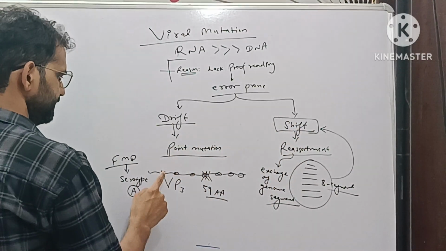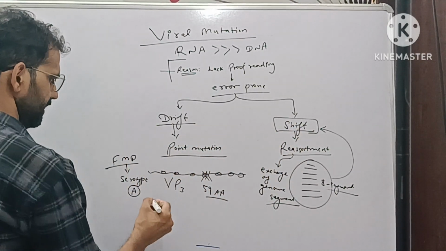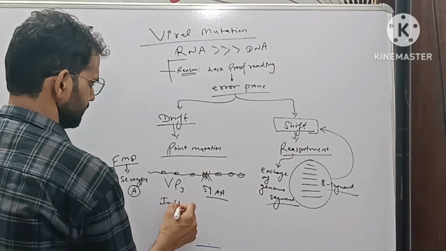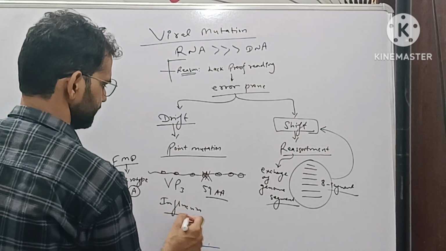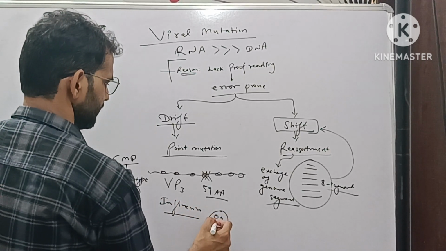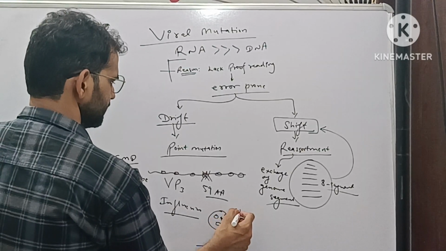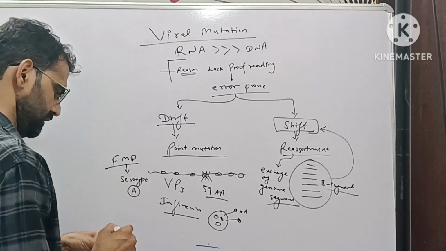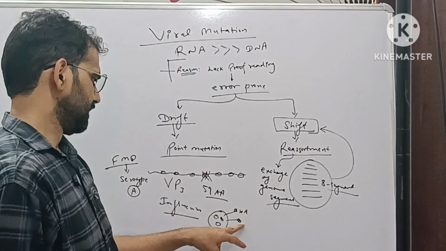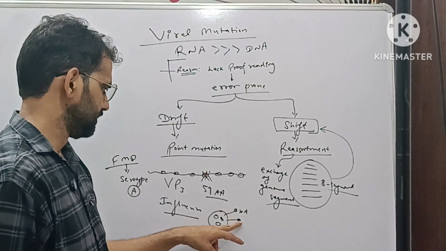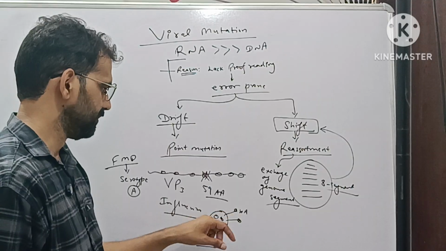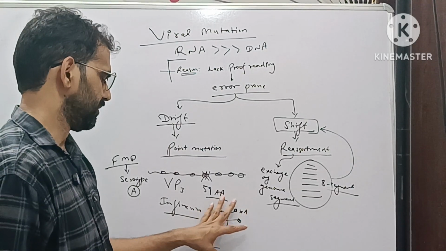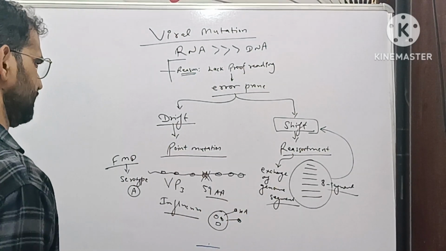Point mutation, for example FMD serotype A. One more example is influenza viruses, which have HA hemagglutinin receptors. There is a point mutation in these surface glycoproteins and it changes their shape, which is then not recognized by the sialic acid receptor.